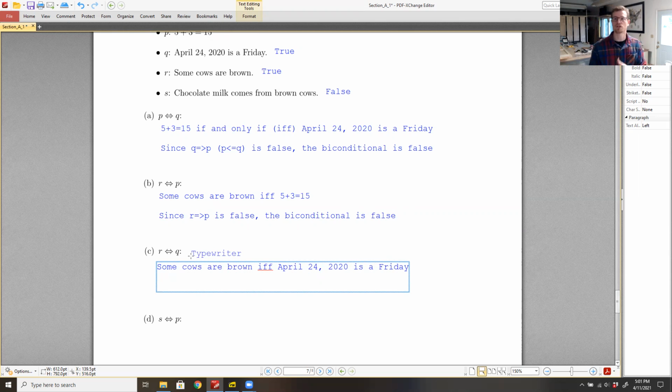The backward direction, true implies true, you're good there. So we could call it R implies Q and R implied by Q, if you want to say it that way. Since the forward and reverse directions are true, the biconditional is true.